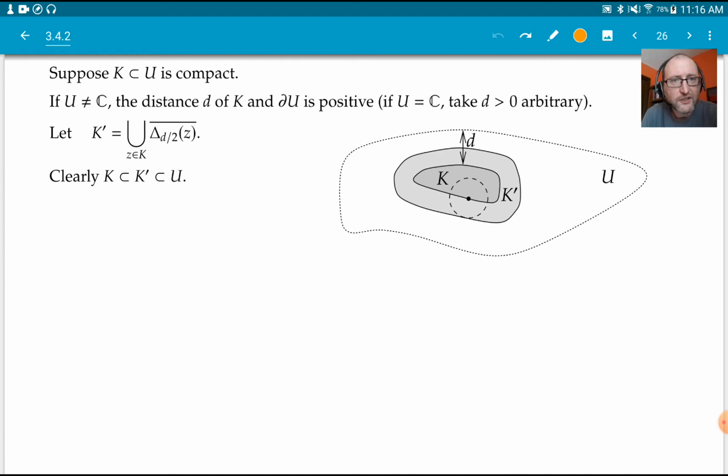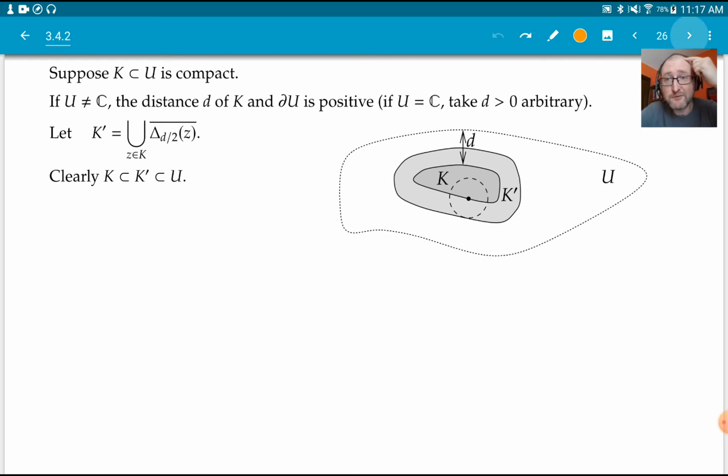If the distance to the boundary of U is d, this basically goes halfway. So at the closest point of K to U, you still would go only halfway. Maybe over here it's further out to the boundary, but you still go only d over 2. That's going to be good enough. Actually, anything positive that still stays in U really is what we need.